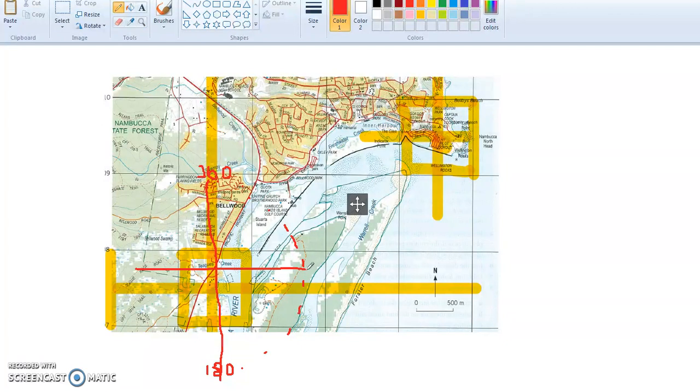A quarter of a circle is going to have 90 degrees. Half of that is going to be 45. Halfway between 180 and 90 is going to be 75.